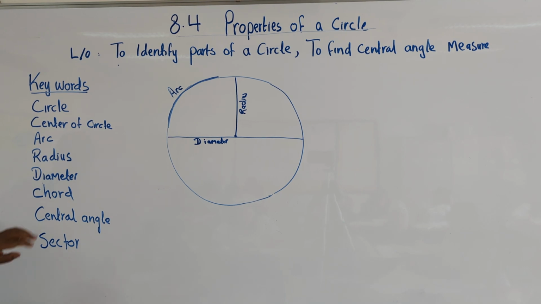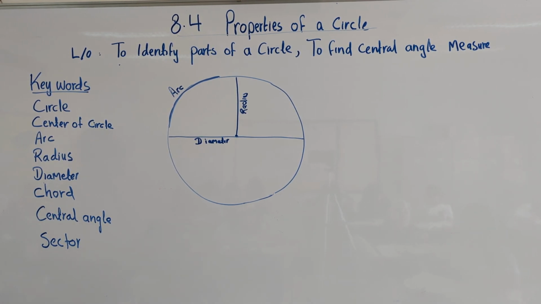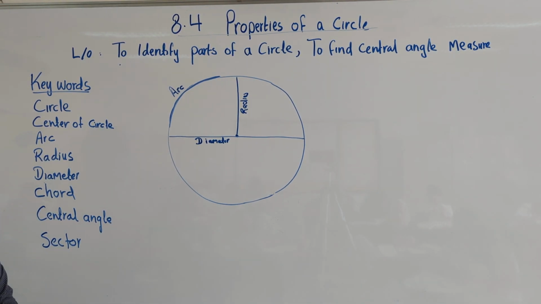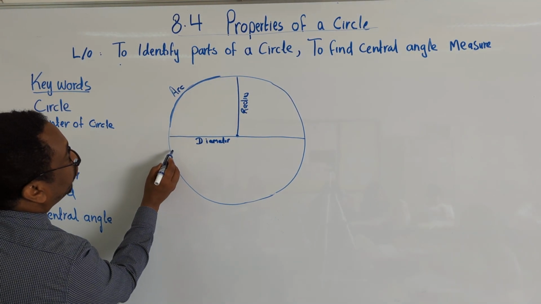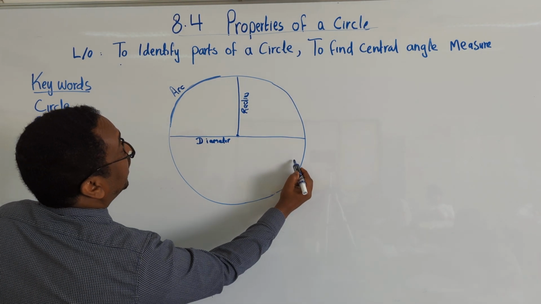Yeah. Good. So now we want to know the chord. What is the chord? The chord is a line which does not go through the center. So basically, we can choose the chord to be anywhere. We can choose it from here to here.